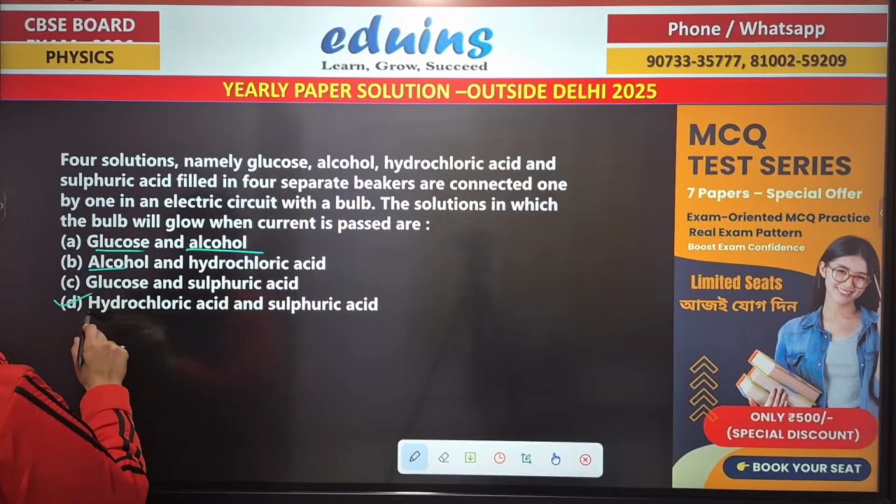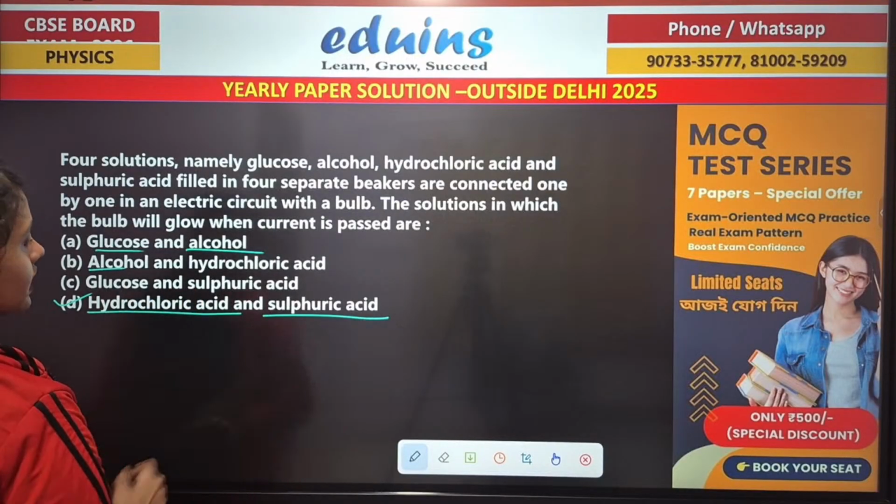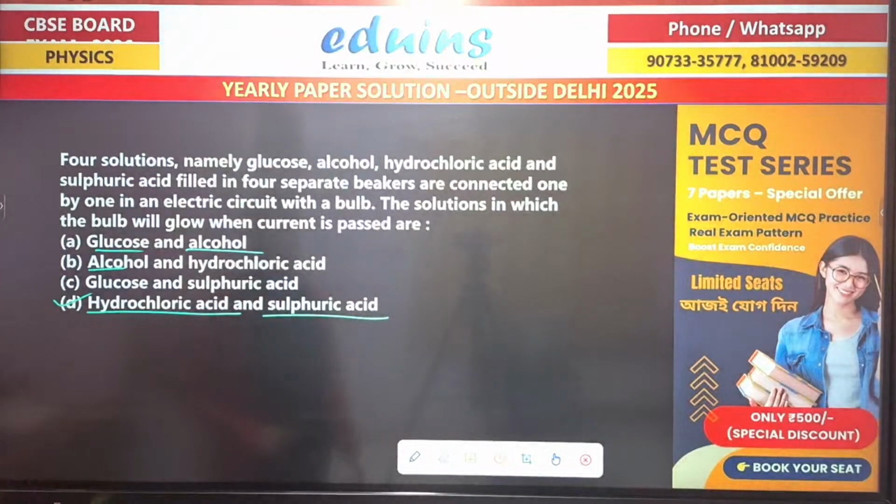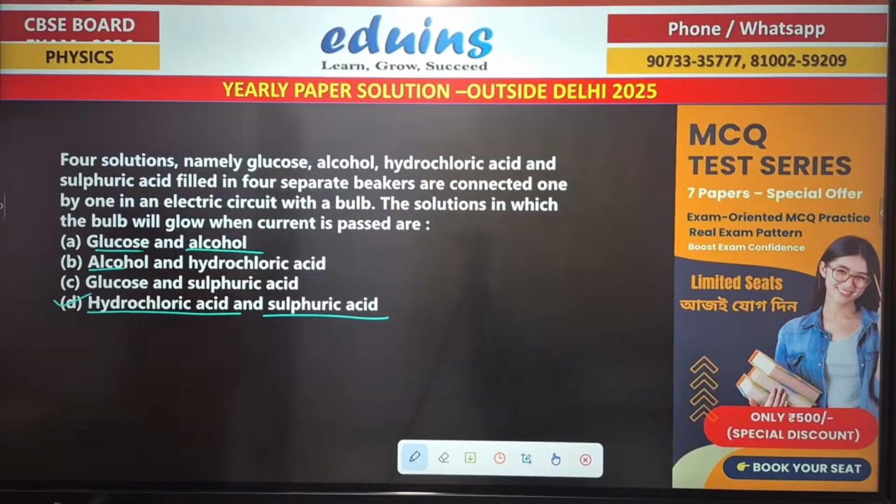So, hydrochloric acid and sulfuric acid produce ions and that conducts the electric current. So, the solution in which the bulb will glow? In the solution of hydrochloric acid and sulfuric acid. Yes, it is the correct answer and well done, you guys. Acid conducts electricity. Okay, Divya Raj.